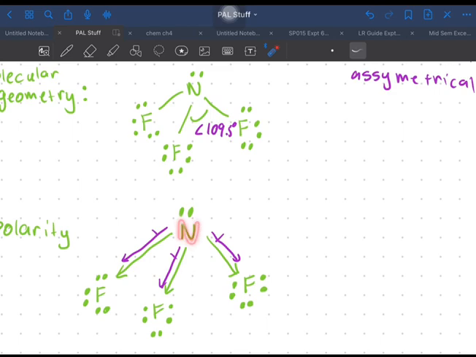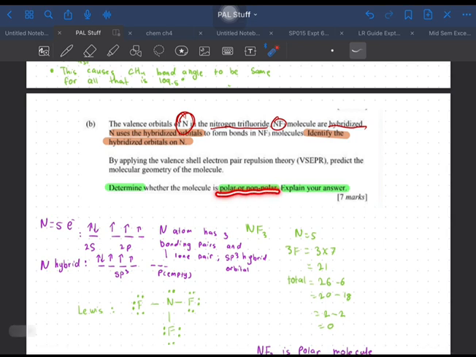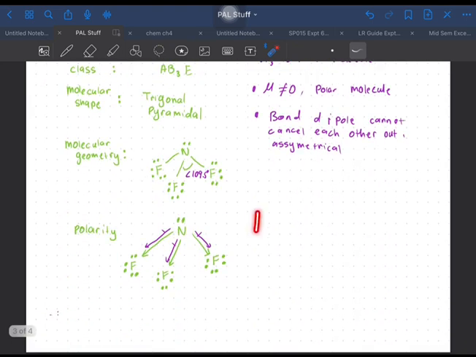now we have to determine its polarity, because the question asks us to determine whether it is polar or non-polar, and then we have to explain. So we know that fluorine is more electronegative, and because it's more electronegative, the electrons will be gathered here at the fluorine, making this one partially positive.